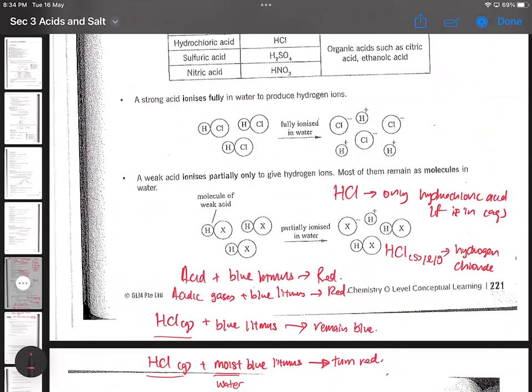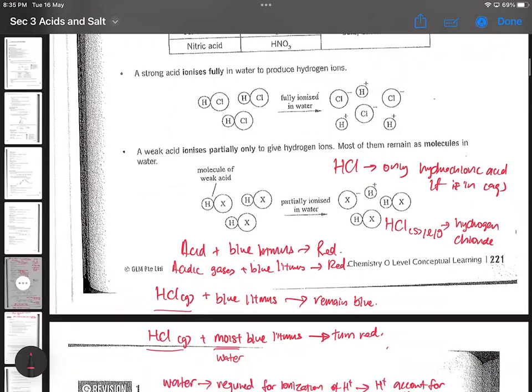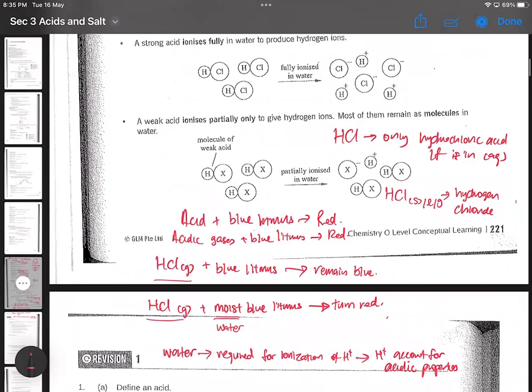So you need water to trigger the conductivity in aqueous solution. You need water to trigger the formation of H+, which will give you the acidic property of the gas. So without water, remember, acid will never behave like an acid.